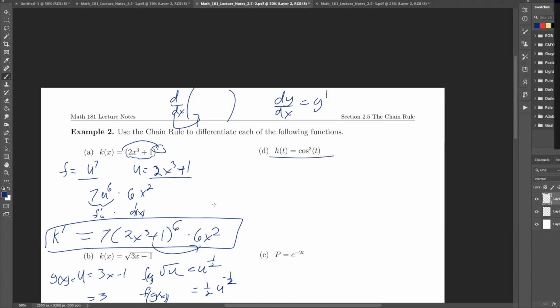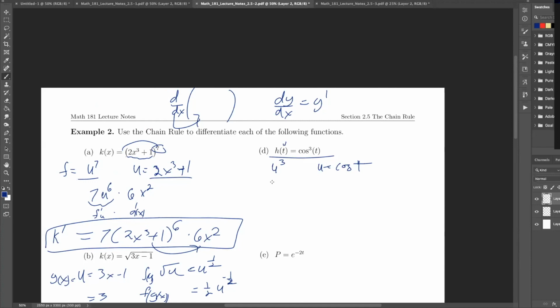All right, so here for D, what would be my two functions? What would be my two functions I would use here? For D, if I was going to split this up to use chain rule, how would I use this? See if you guys can give me some of the answers real quick. Yeah, so here, f of u is equal to u cubed, and then my u is equal to cosine of t. And here we're going to be differentiating with respect to t, because that's my independent variable.